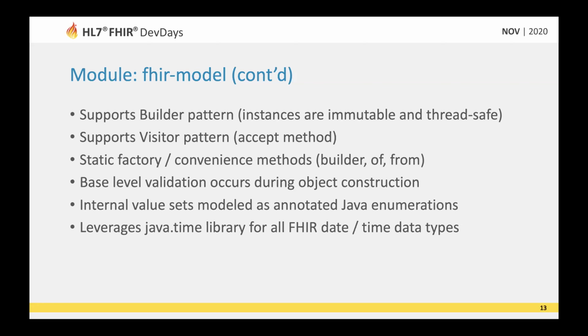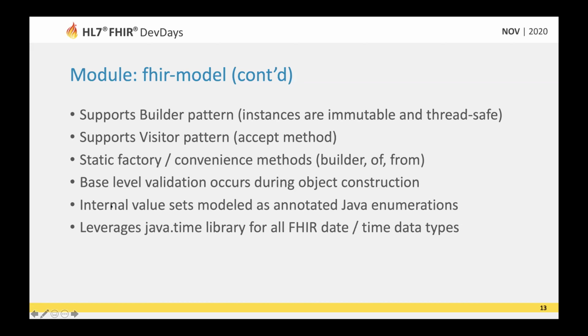So when we get a request in and we parse the payload, we actually have what we call a quote unquote validating parser, because as it's building the objects, those objects are getting validated. The other thing to note about this is it makes it harder for someone writing code using the Java libraries to create invalid objects, because it'll tell you right away if what you've built is valid or not by throwing a runtime exception.